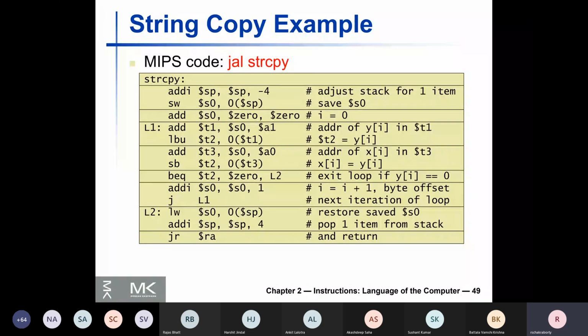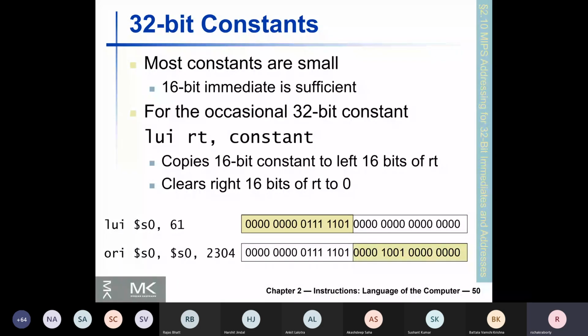Anyways, coming back to how to initialize registers with 32-bit constants. For a 32-bit constant, the MIPS instruction set has a peculiar instruction called load upper immediate, or LUI. Load upper immediate has nothing to do with unsigned.